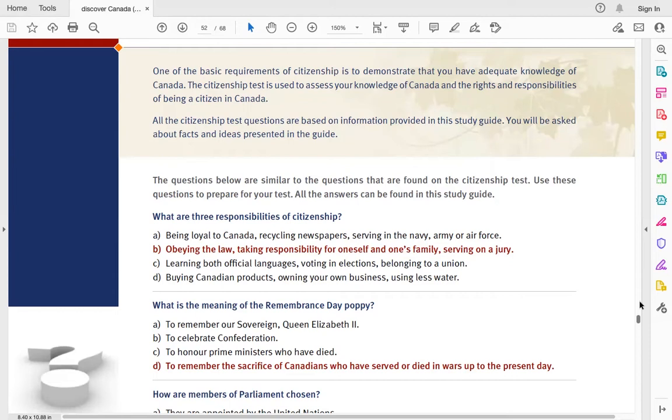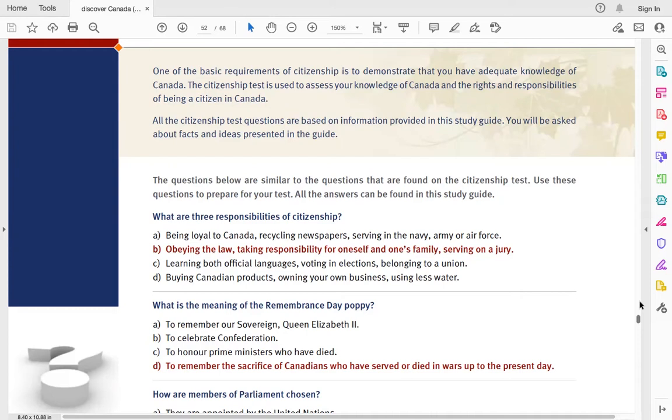C, learning both official languages, voting in elections, belonging to a union. D, buying Canadian products, owning your own business, using less water. The correct answer is B, obeying the law, taking responsibility for oneself and one's family, serving on a jury.